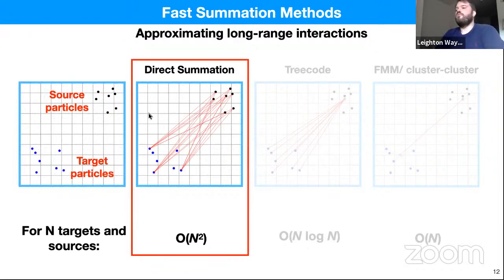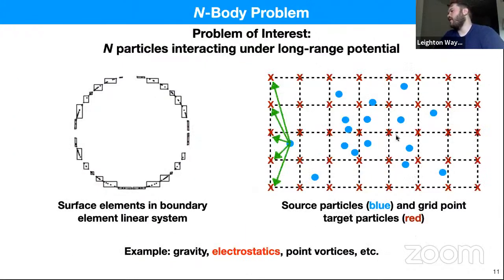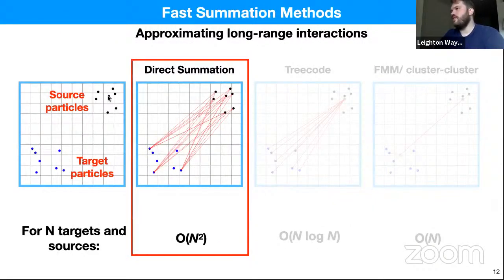So we'll use this as a little setup to kind of dive into these methods a little bit. You can imagine, again, your source particles and target particles don't have to be the same. They are the same over here, but they don't have to be the same. So we'll just take a little collection of particles to talk about how we actually approximate these interactions, speed it up.